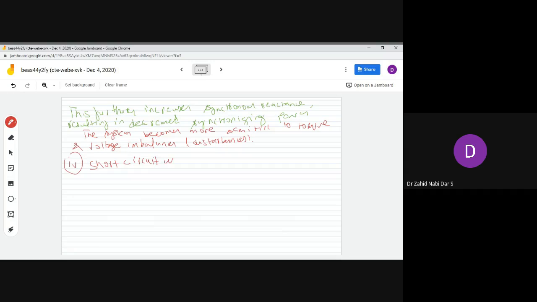A small value of SCR, that is the short circuit ratio, indicates a smaller value of current under short circuit conditions.